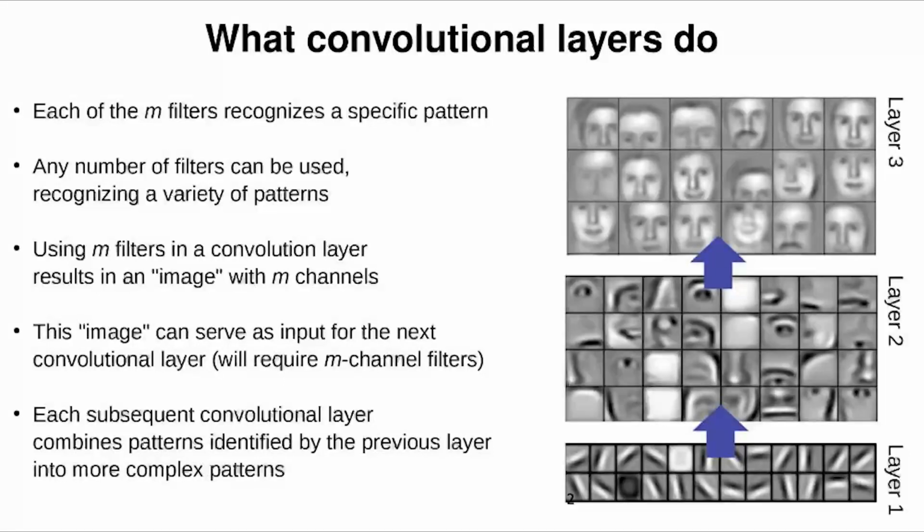The image that results from one convolutional layer can be used as input for the next convolutional layer. Constructing it will require using filters that have M channels, matching the number of channels in the input image for that layer. Each subsequent convolutional layer will detect higher level, more complex patterns by combining the patterns that the previous convolutional layer had detected.